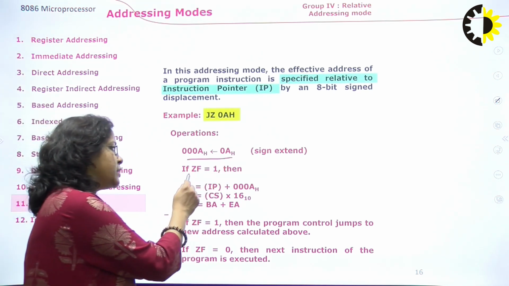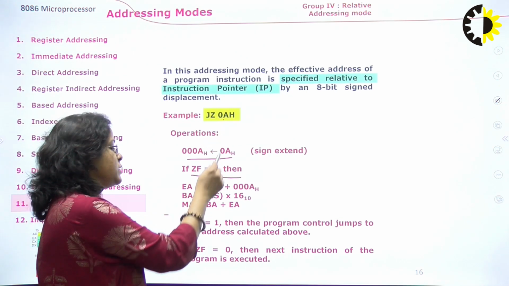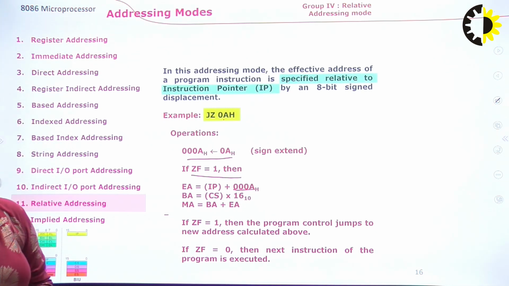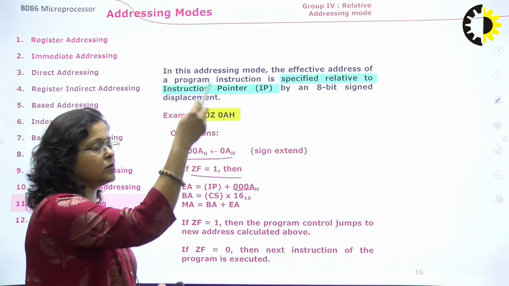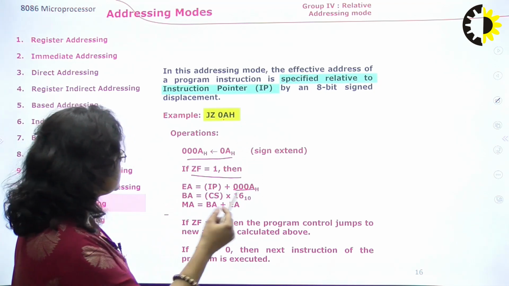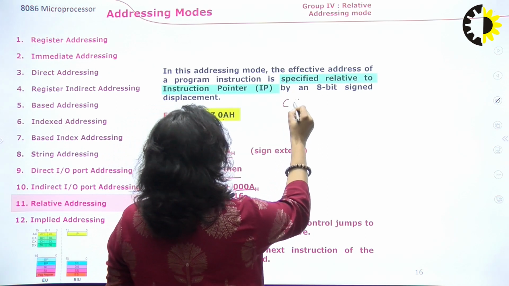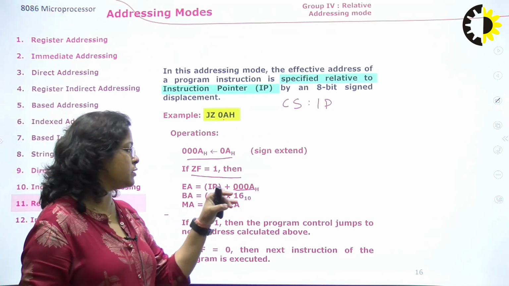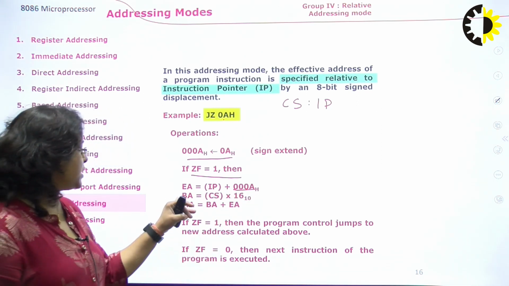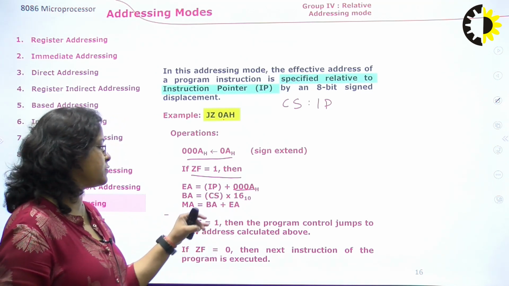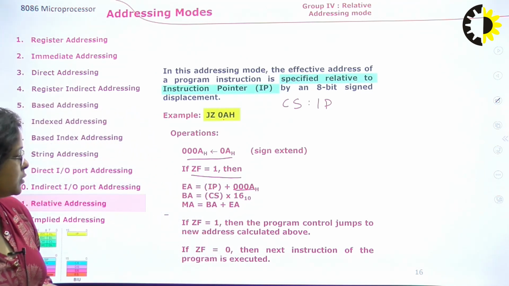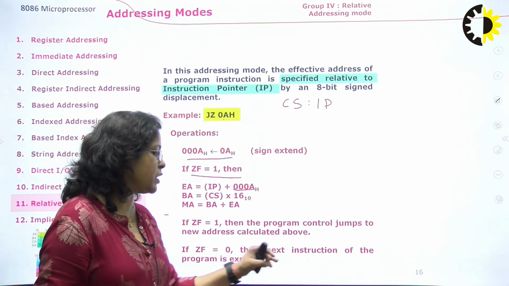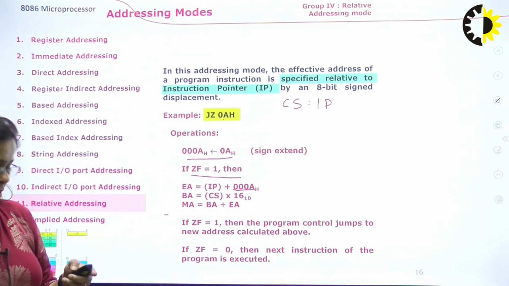So, if zero flag is 1, then only it will calculate 0A, that is effective address will be instruction pointer plus 0A, and the base address for branching instruction, next opcode will be considered in CS IP, code segment into 10 plus IP. So, the effective address will be IP plus 0A, base address will be CS into 10 plus IP, and memory address will be CS into 10 plus IP plus 000A. So, if zero flag is 1, then the program control jumps to this memory address. When zero flag is 0, the next instruction of the program will be executed.